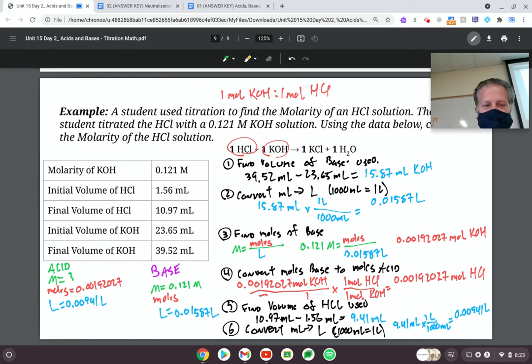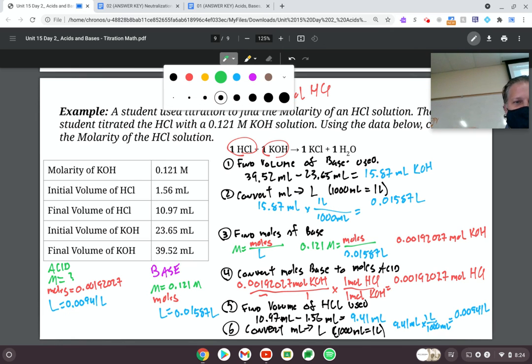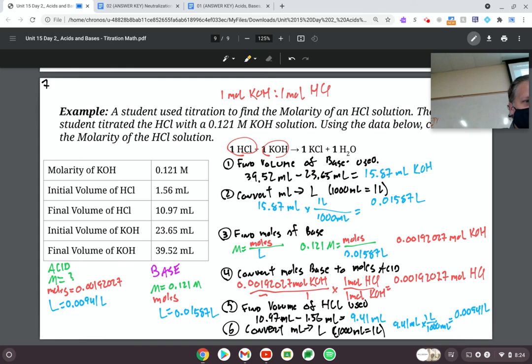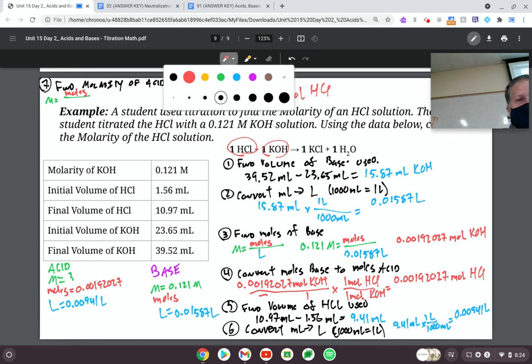So I've got to find a spot to do that. I guess I'm going to try to do that up at the top. So step 7, find molarity of acid, where our molarity formula is moles of acid over volume.